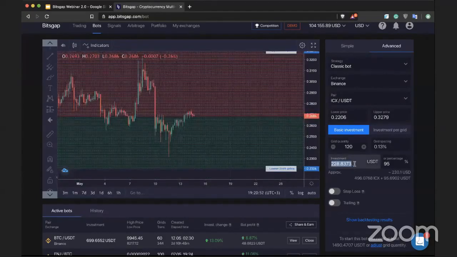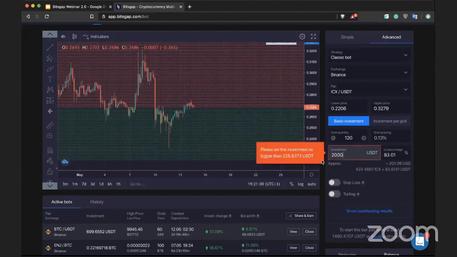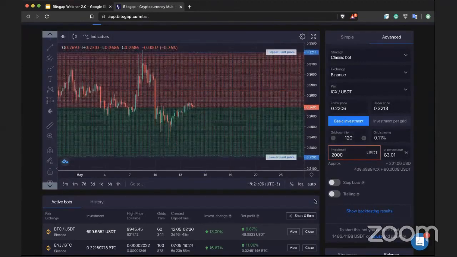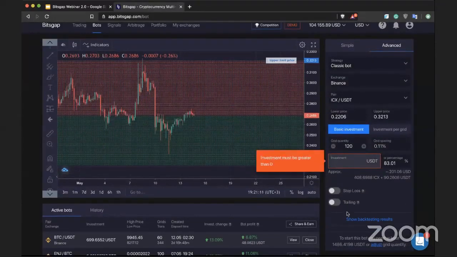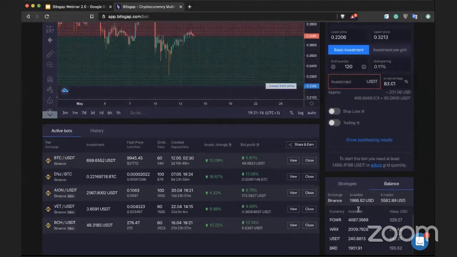Here I can also adjust the investment value. So let's say I want $2,000 in total. So let me adjust the quantity. Actually, first of all, you have to make sure that you have enough USDT on your balance.